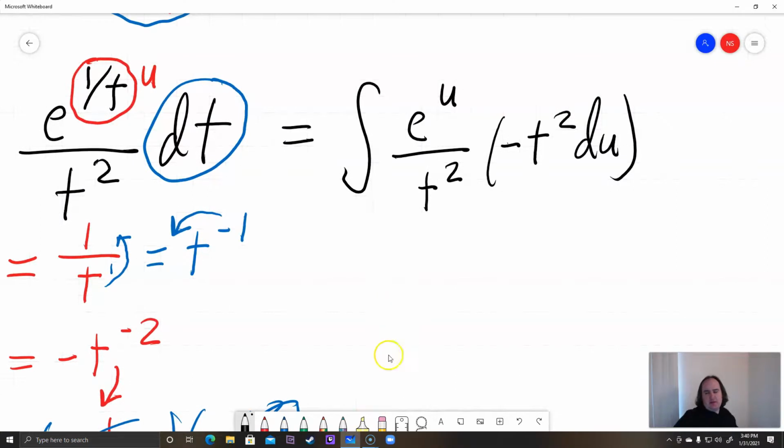The fun thing about my way is even though it's longer to write out, stuff should cancel out. So here we can see that the t squareds cancel out. And then we still have a minus left over, so we can factor the minus out front.